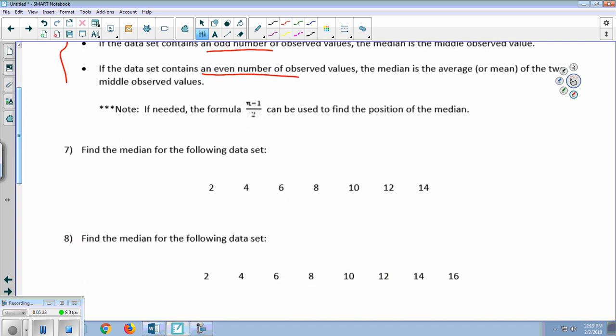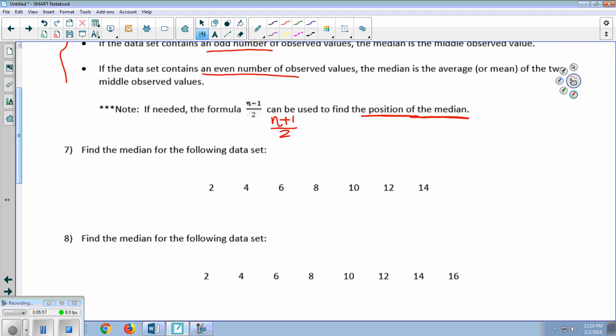One more note here is that we can use this formula, n plus 1 over 2, to find the position of the median. Sorry, I made a mistake when I said that.